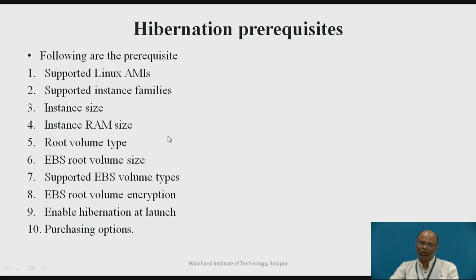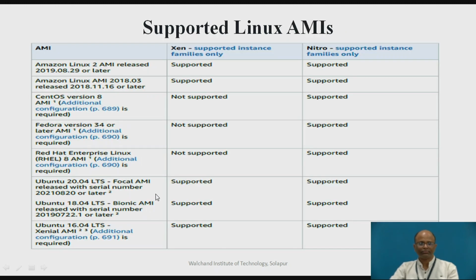Then the EBS root volume size, the supported EBS volume types, the EBS root volume encryption, whether you have encrypted it or not, enabling hibernation at launch, and the last one is which purchasing option you have opted for. So let's see all of this one by one.